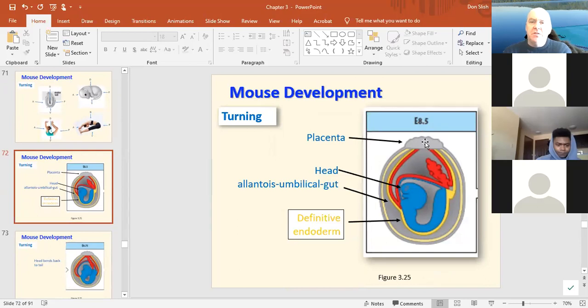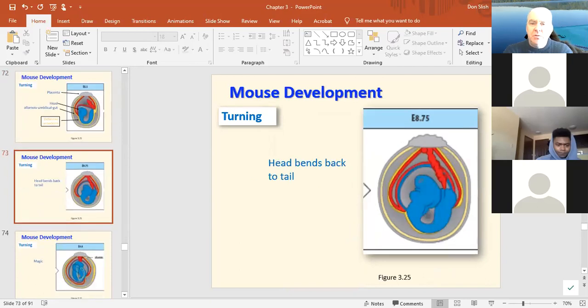Here's your placenta that's forming from that ectoplacental cone. Head over here, posterior end over here, definitive endoderm on the outside where we don't want it. And so this then is going to bring the head and tail to come together.